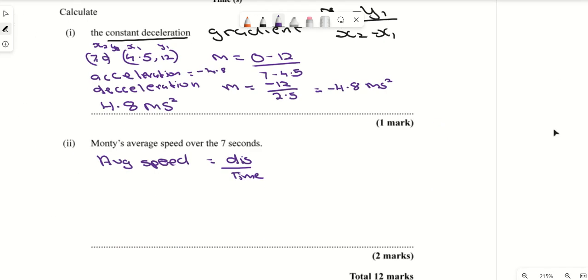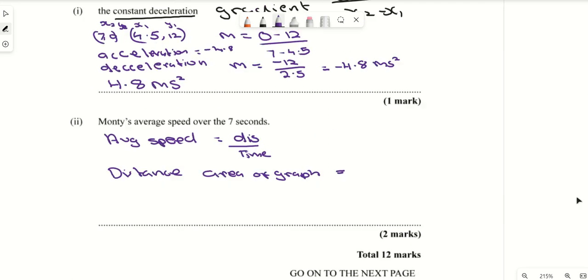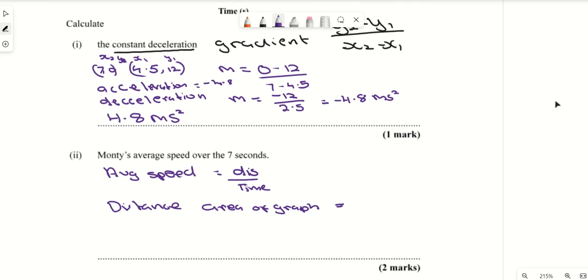M is distance, S is time, right? So your average speed is distance over time. So first off, we need to find out the distance that they did. My distance would actually be the area of the graph. And my time, if you look at the graph, is 7 seconds.